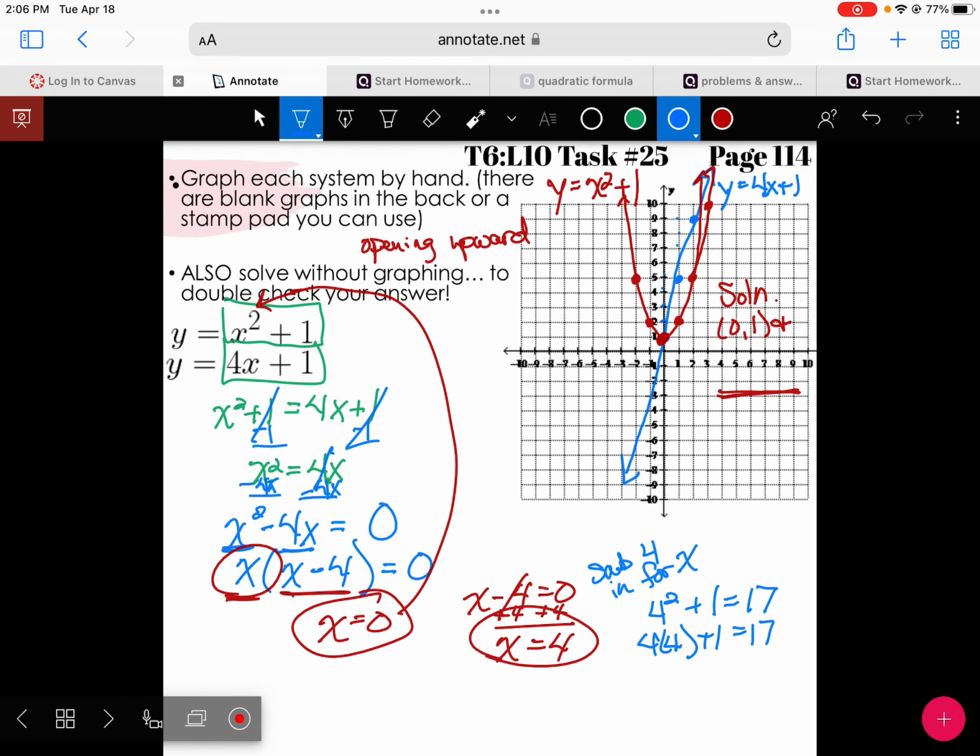So when x is 4, y would be 17. So it goes out a little bit higher. So solutions will be 0, 1, and 4, 17. Technically, they weren't asking for that, but it does say solve without graphing to double check. Okay? Any questions on that one?